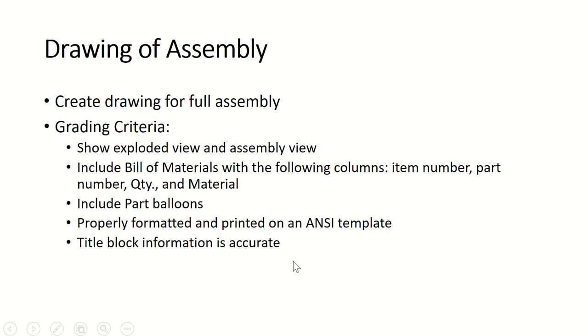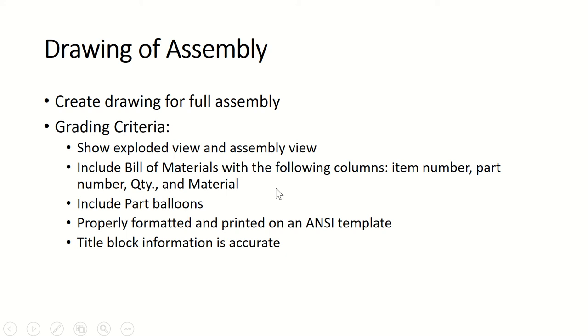The last thing you are going to do is create a technical drawing of the assembly. So you're going to have one full assembly file, and you're going to create a technical drawing that shows the exploded view and assembled view. I have an example on the next slide.